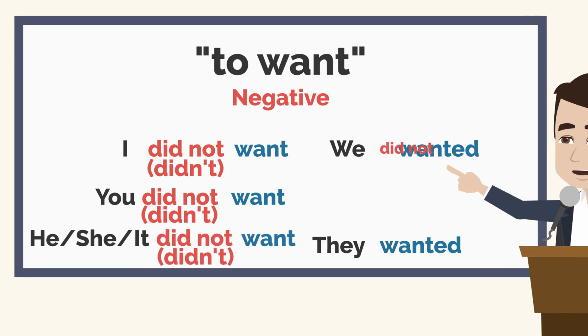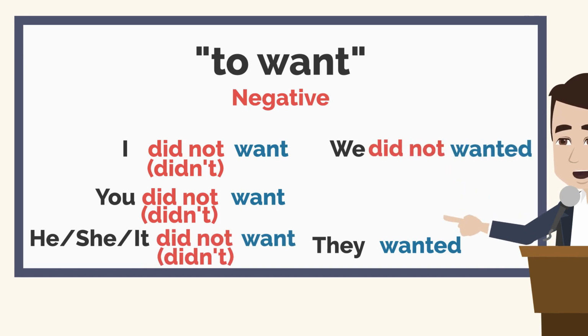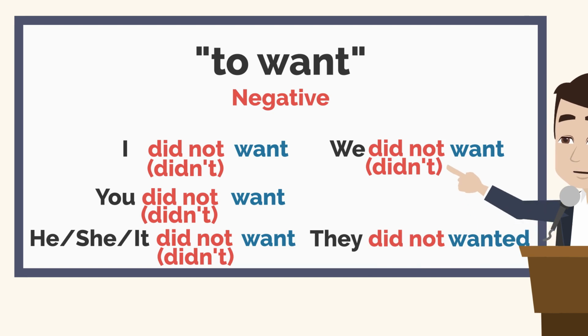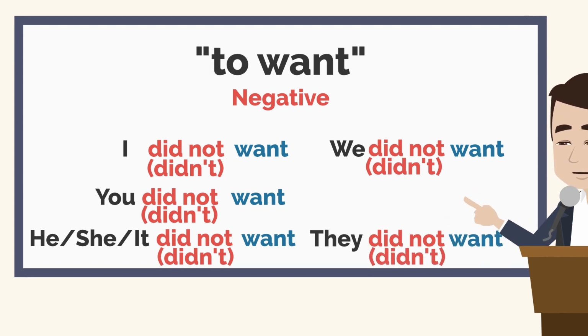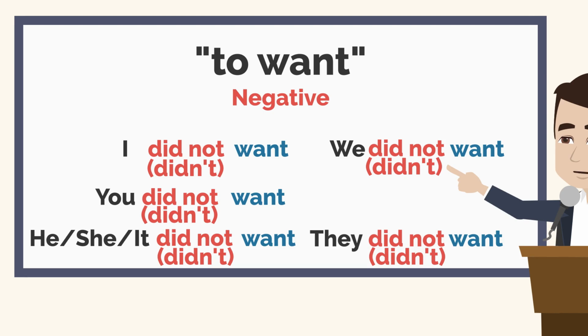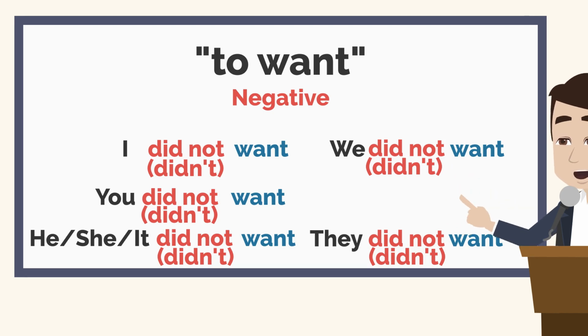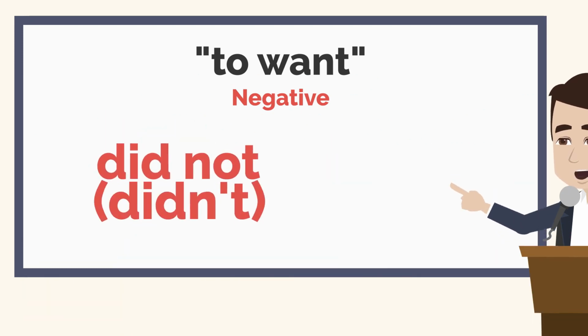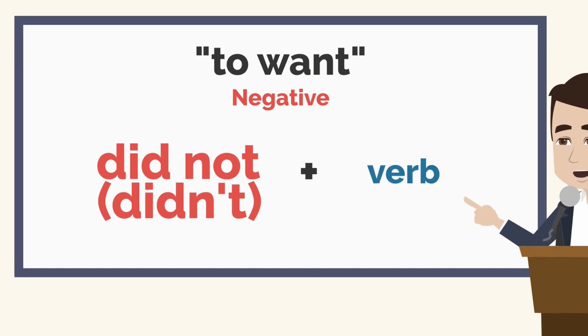We did not or didn't want. They did not or didn't want. As you can see, the negative past simple conjugation follows the simple general rule of adding did not or didn't in front of the verb.